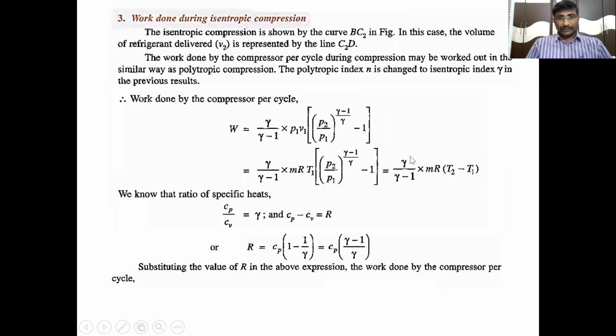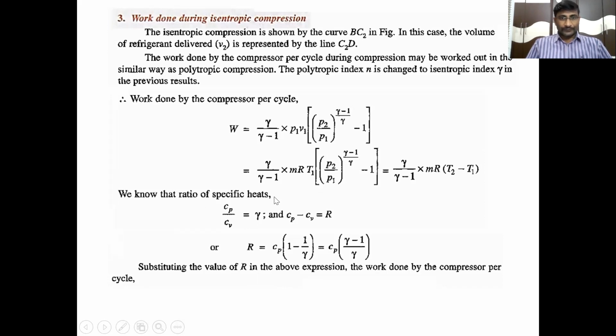Gamma/(gamma minus 1) MR into (T2 minus T1), because we can write (P2/P1) to the power (gamma minus 1)/gamma equal to T2/T1. T2/T1 minus 1, or (T2 minus T1)/T1, T1 cancels, so T2/T1 remains.